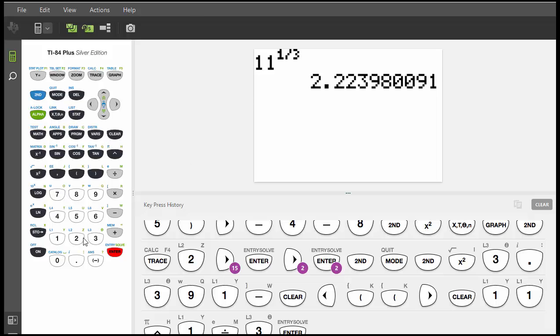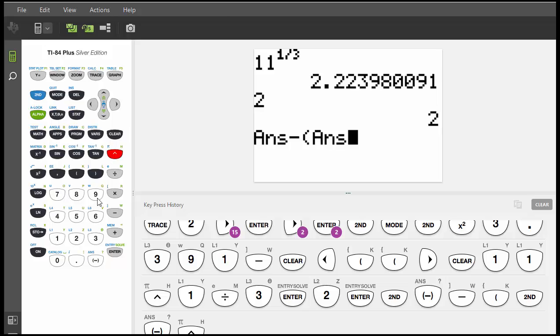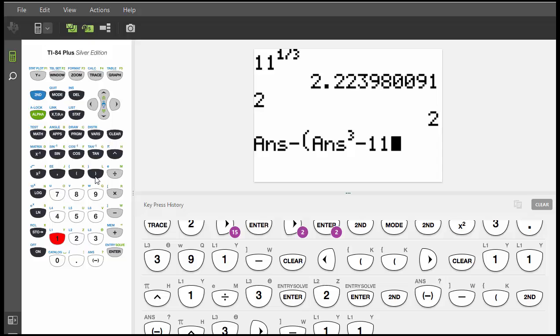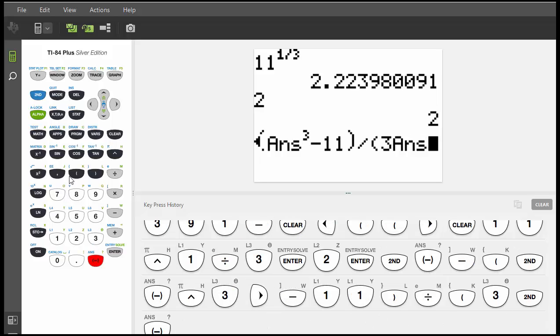First thing that you want to do is put your guess in. So you put 2 in and you hit enter. And then all that I'm going to do is hit second answer minus, now you remember that our function was x cubed minus 11, right? So I'm going to do parentheses and go second answer cubed, minus 11, end paren divided by, remember the derivative was 3x squared, so this is going to be paren 3 second answer squared.